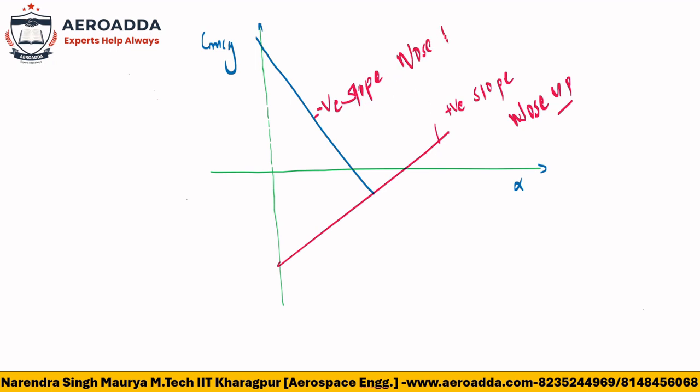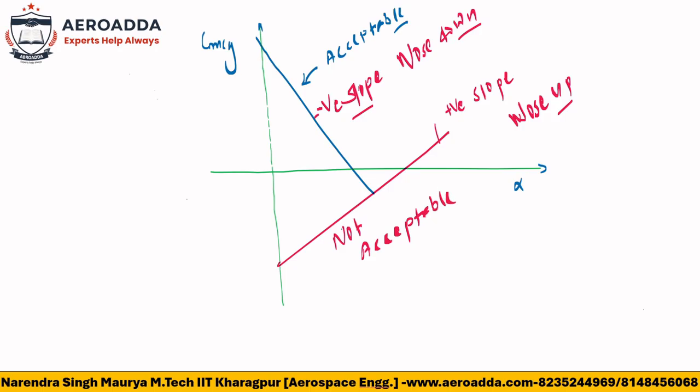Nose down leads the aircraft to reach its initial position or initial condition, which is leading to a stabilized condition. So with negative slope and positive slope, one thing is very clear. Which one is acceptable? Definitely this one is acceptable, nose down, but this one is not acceptable.